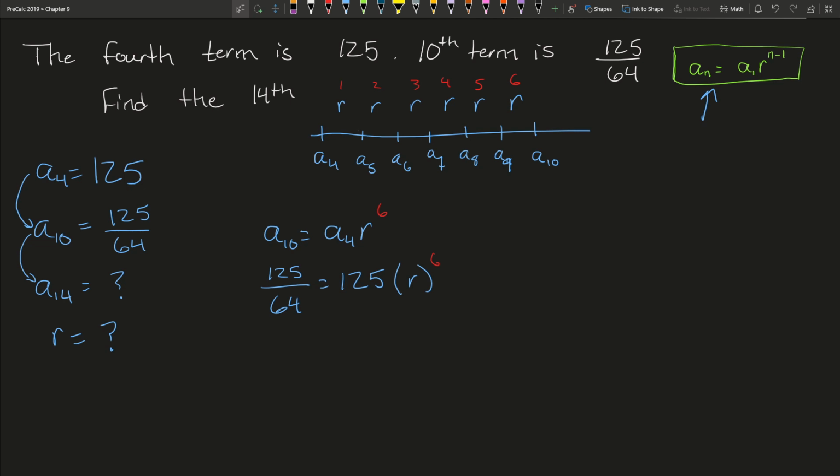Right, and then from there, we need to solve for r. So in order to get r by itself, the first thing we have to do is divide by 125. So when we do that, we end up with 1 over 64 on the left-hand side. And that'll be equal to r to the 6th.